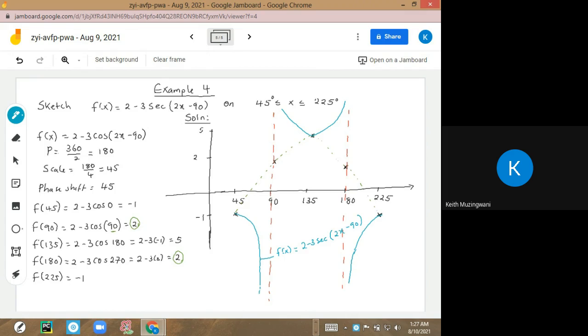So here the understanding is that if there was another point this side, this graph would have gone up, so would have brought it down. That's why we just gave the half piece.